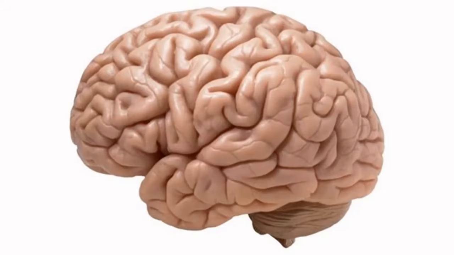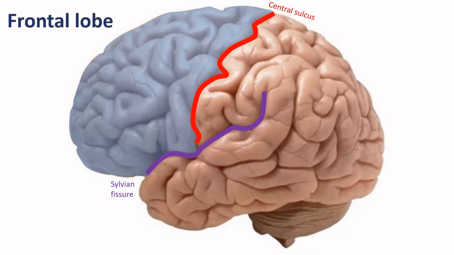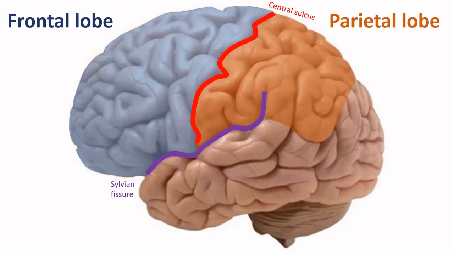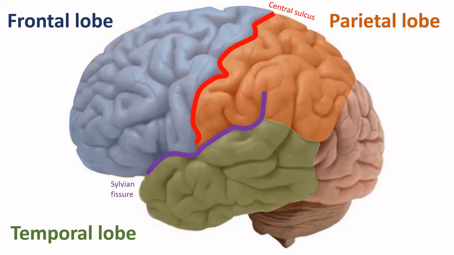And on the basis of these 3 cerebral sulci, we can divide the brain into 4 lobes. 2 of these sulci can be recognized on the lateral surface, so this surface here, and one is the central sulcus, the other one is the Sylvian fissure. The central sulcus separates the frontal lobe from the parietal lobe, and the Sylvian fissure separates the frontal and parietal lobe from the temporal lobe.